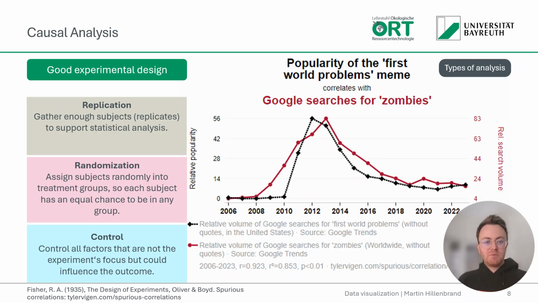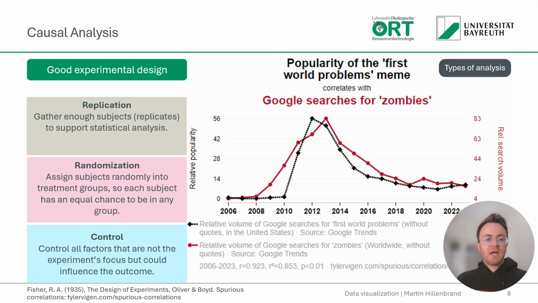Also, you have to keep in mind randomization. So assigning subjects randomly into treatment groups, for example, if you're doing medical treatments or with the web development, so we had this random split of the sample group, and so you have to ensure that this really is happening on a random basis, because if not, then the two sample groups or the two test groups would not be the same, so to say.